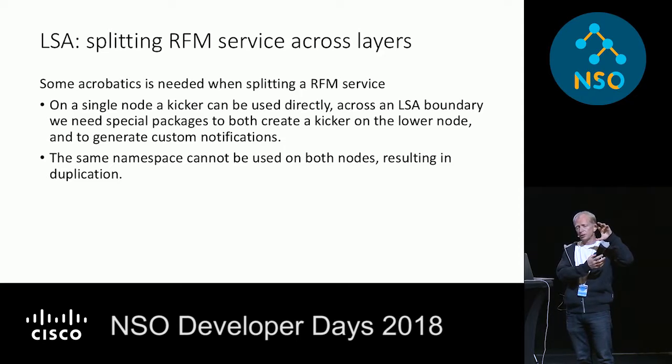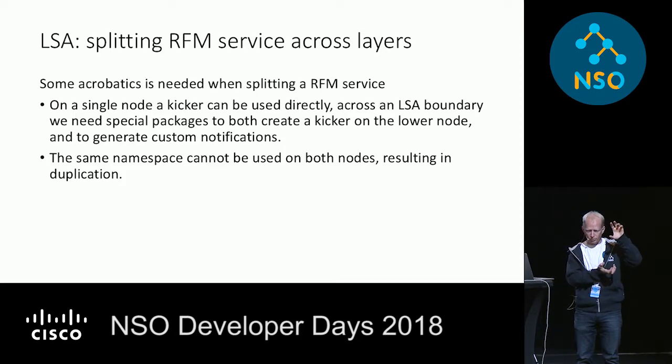But once it's done, it needs to notify the upper service that, hey, it's time to progress the service or proceed. And in our current implementation, what is required is for the lower node to implement a new custom notification event or notification type.